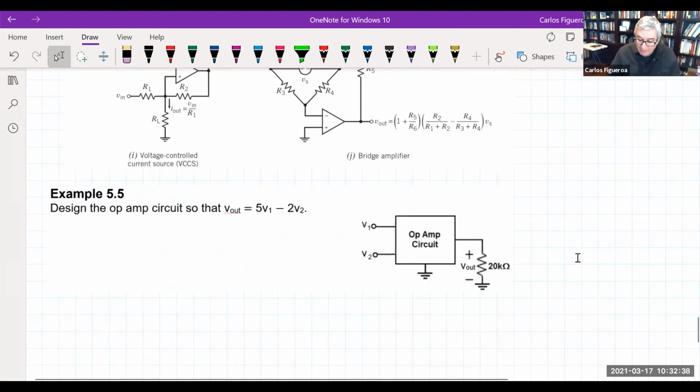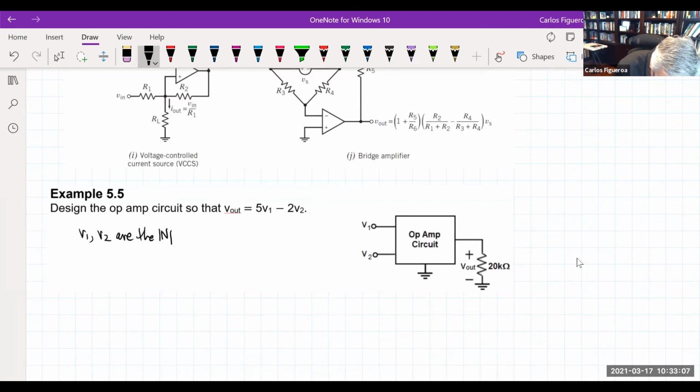As an example, let's say that you want to design this op-amp circuit so that V output is always 5 times V1 minus 2 times V2. What you're seeing here is that V1 and V2 are the input voltages.